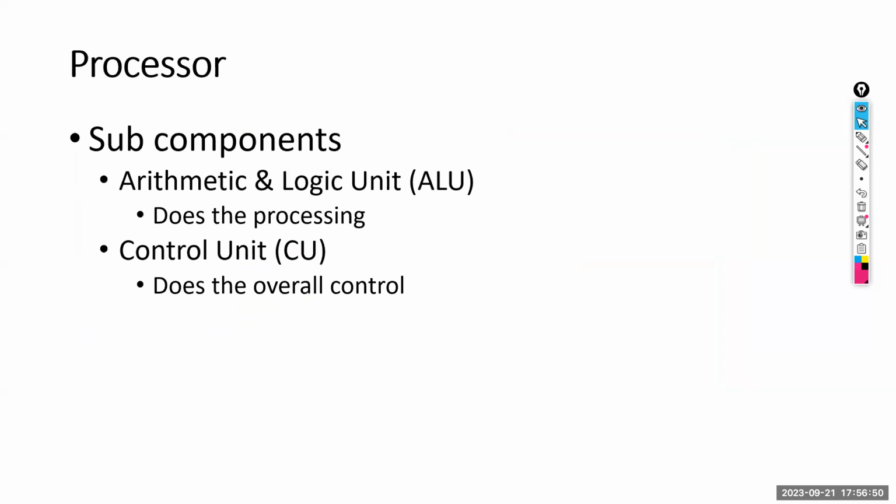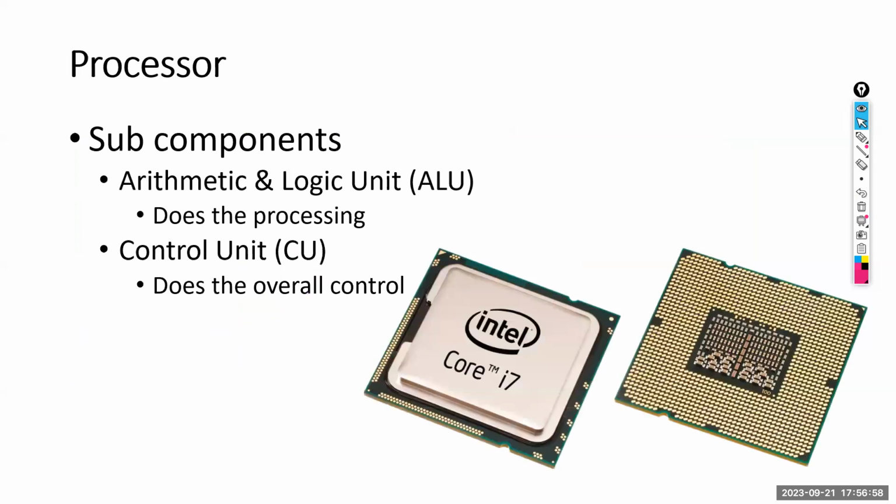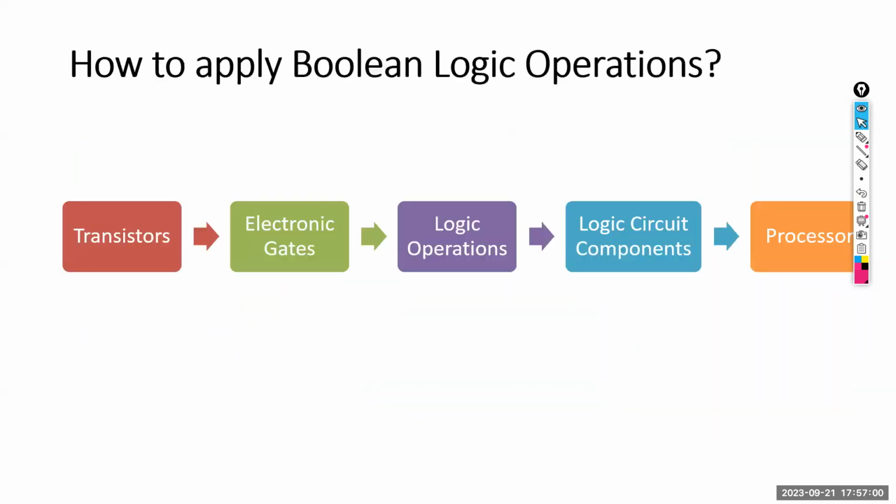The processor also has two subcomponents, the ALU and the control unit, and the ALU has registries as well. We discussed this also. Your processor or CPU has logic circuit components: adders, encoders, decoders.